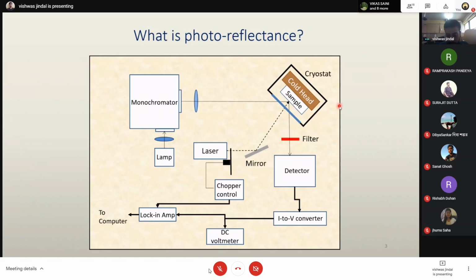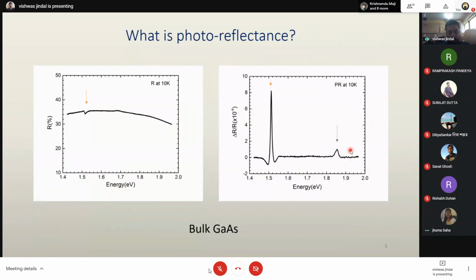Where the band gap exists, you get a structure in PR, but it depends from sample to sample. Because here, in this gallium arsenide, the high intensity peak is around the band gap, right? But that is not because of the band gap. The peak coming around 1.5, that is the band gap, right?